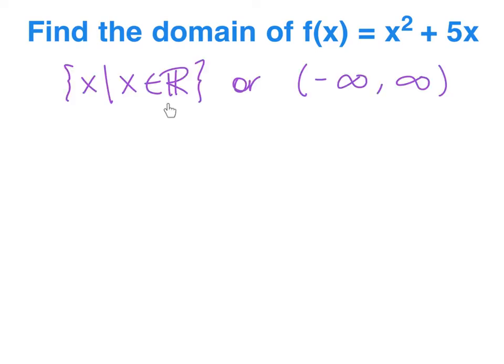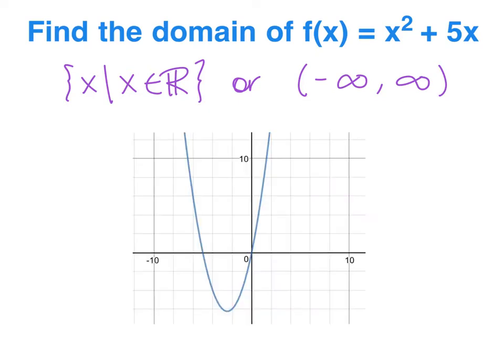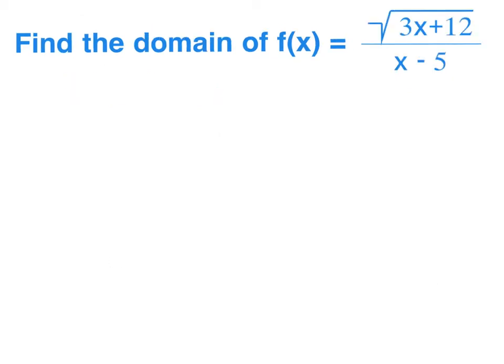We can use set builder notation to denote it like this, or we can use interval notation like that. Looking at the graph of this function, I know that there aren't any restrictions here, there are no gaps, and it keeps going to negative infinity that way and positive infinity that way, so the x-axis is going to hit all real numbers.